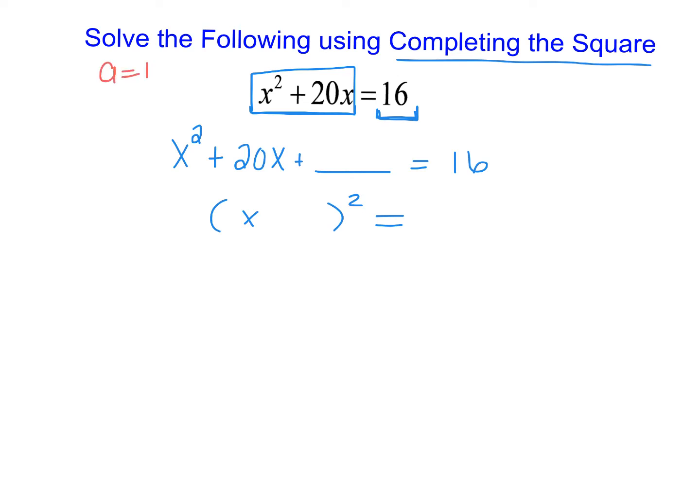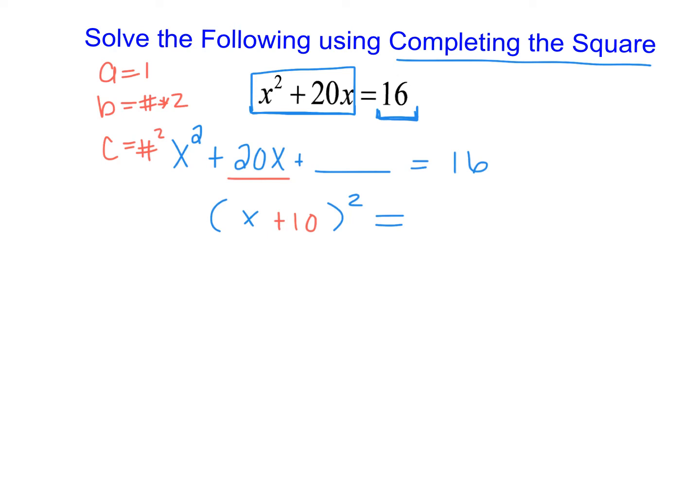I know a is 1, b in a perfect square trinomial is a number times 2, and c is that number squared. So I look at my b value here and I notice that it's 20. So I know that inside of these parentheses is going to go a plus 10 because it's 20 divided by 2, because 2 times 10 gives us 20.